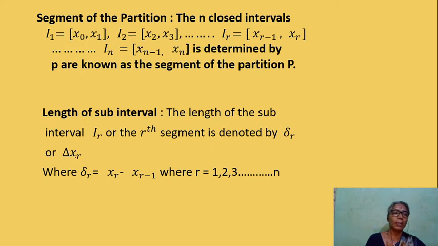Delta r equals the difference xr minus x(r-1). As for the interval [a, b] the length is b minus a, here b is xr and a is x(r-1). So the length of the subinterval delta r is given by xr minus x(r-1), where r is from 1 to n.